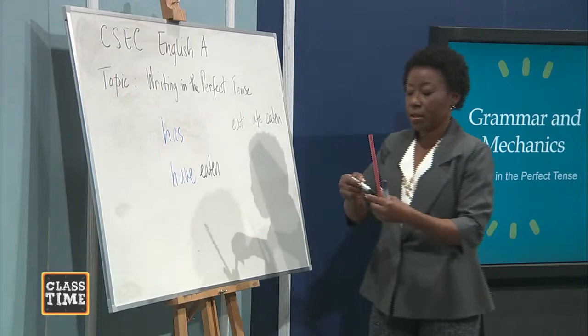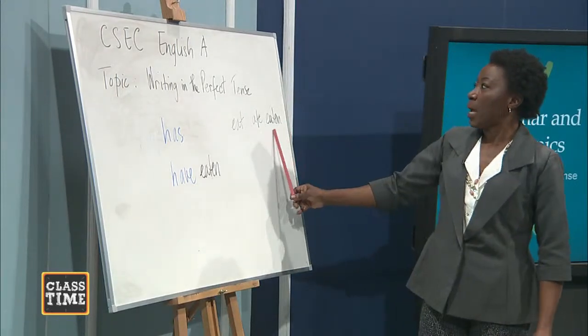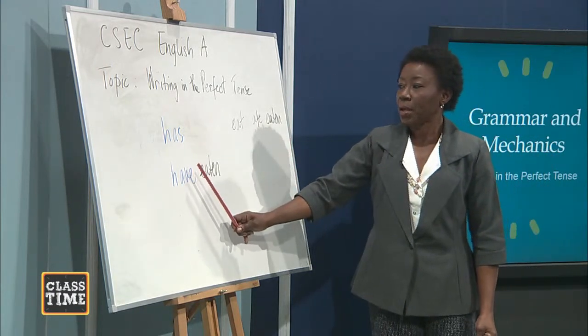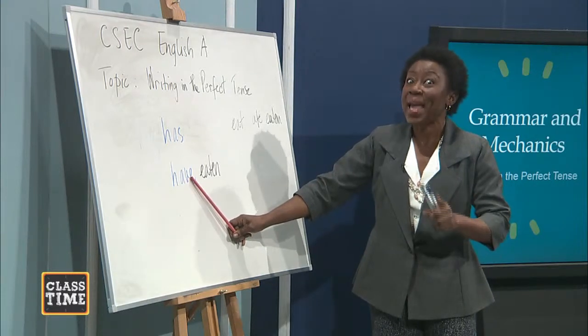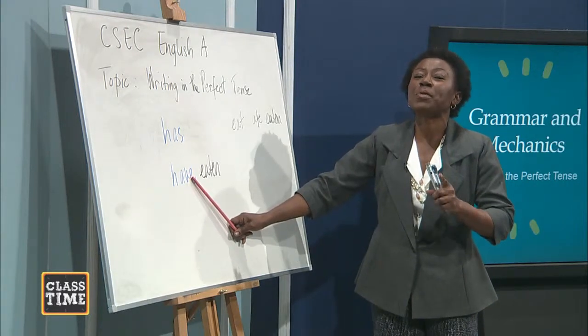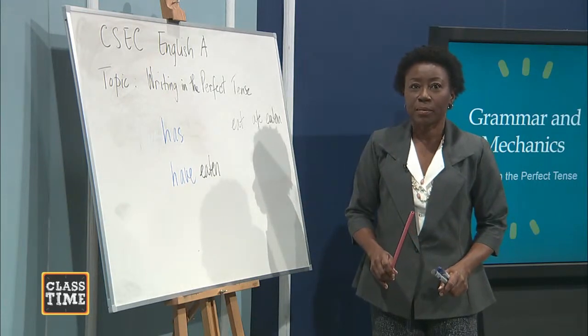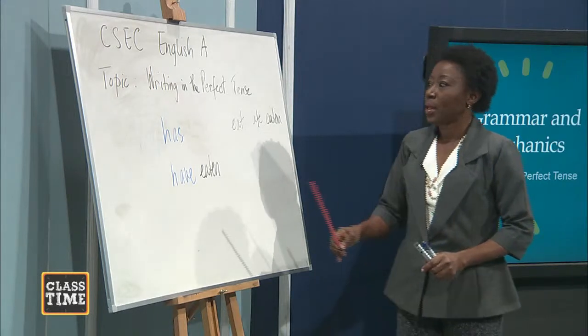All right. So in forming the perfect tense, I use the participle form plus either has or have, depending on if the subject is one or more than one. You get that? Repeating.